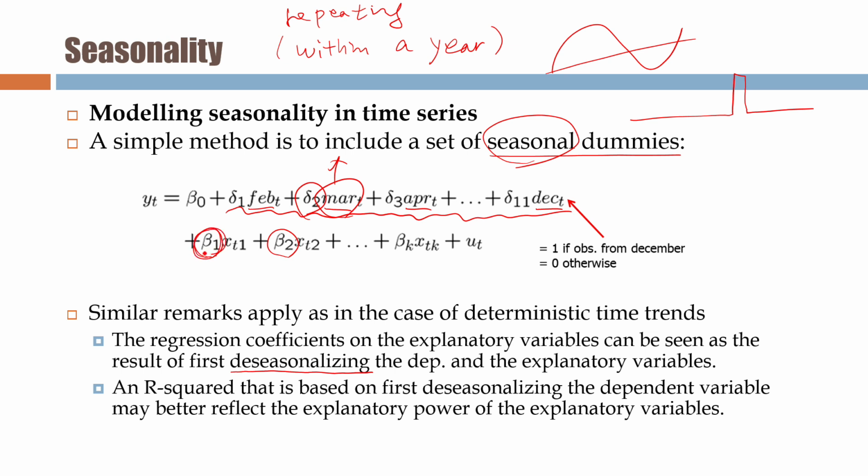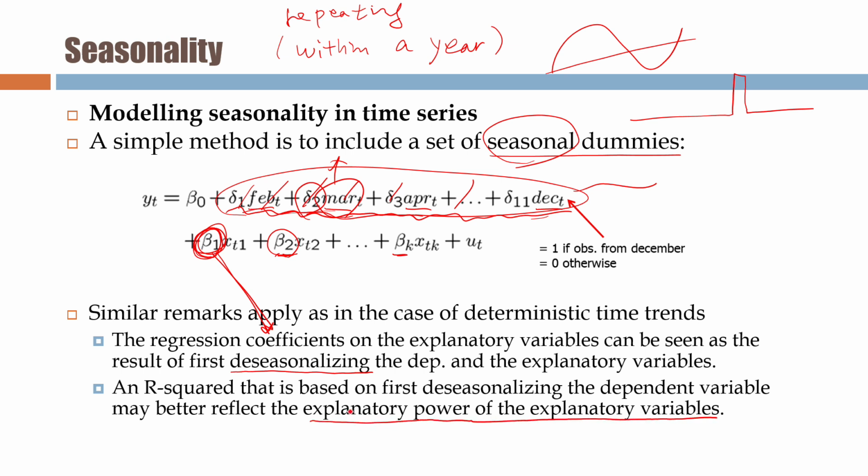If we take out the seasonal effect, then this is the coefficient. But if we just get rid of this, then you may have a different value here. So R squared based on first deseasonalizing the dependent variable may better reflect the explanatory power of, so this is the dependent variable.